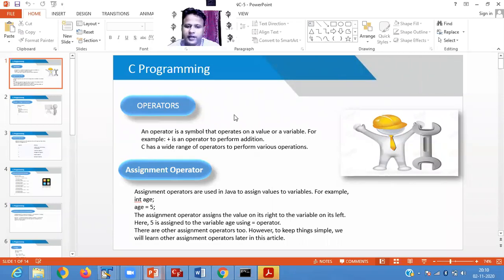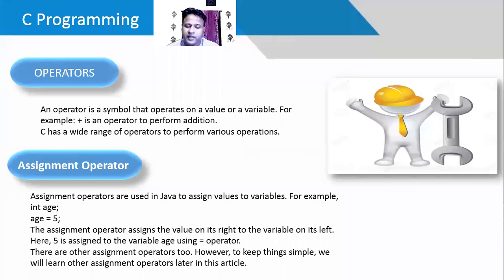So an operator is a symbol that operates on one value or a variable. For example, we are using the plus operator. The plus operator is used to perform addition. The operator is a symbol that operates on a value or a variable.